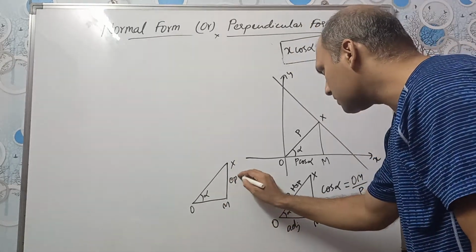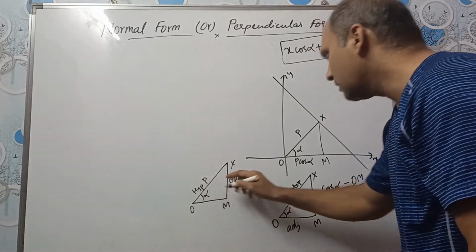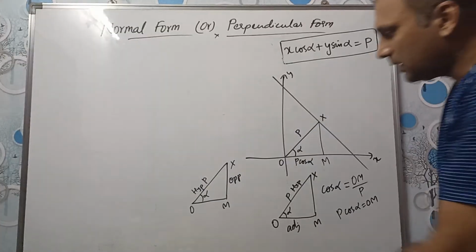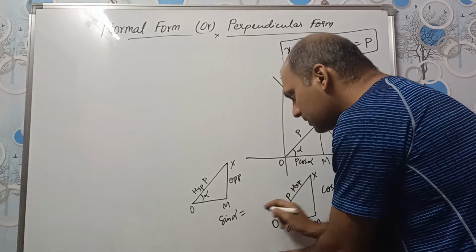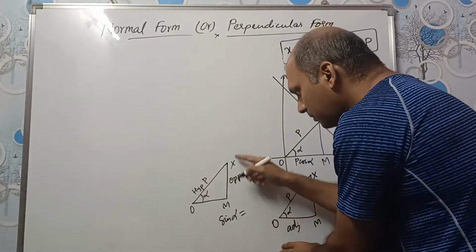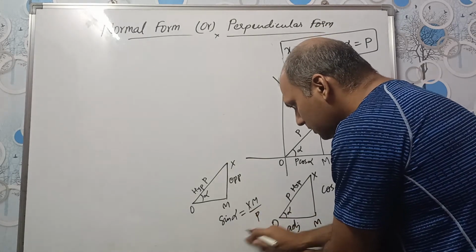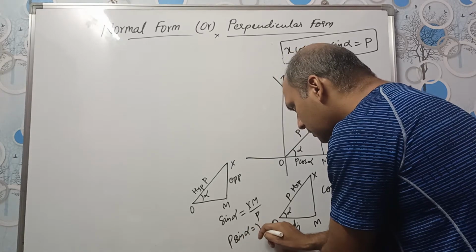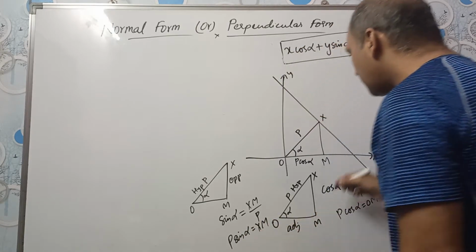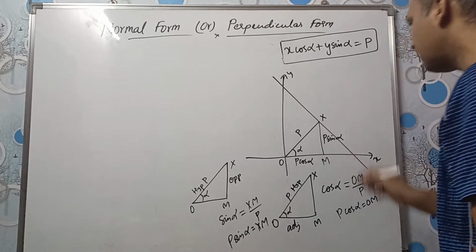This is the opposite side and we know the hypotenuse is P. Opposite and hypotenuse will come in sine. So sine alpha is opposite divided by hypotenuse. Opposite is XM divided by hypotenuse P. So this P goes on the other side. It becomes P sine alpha. So this is P sine alpha.